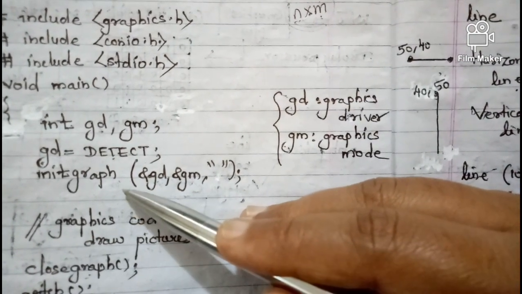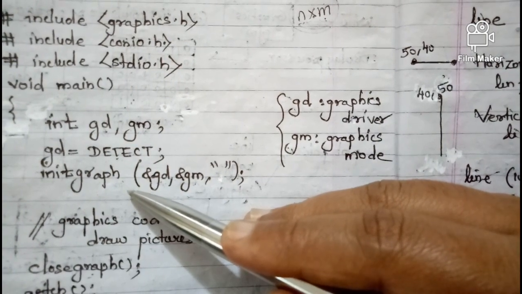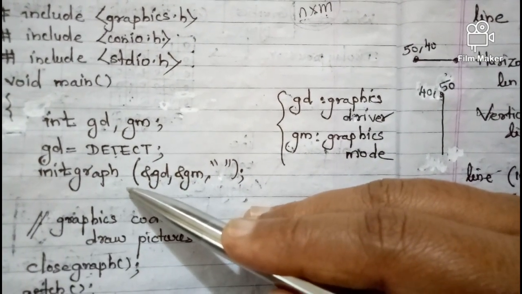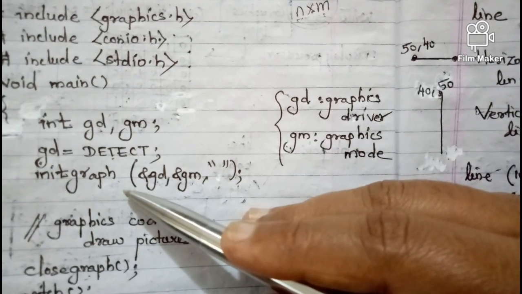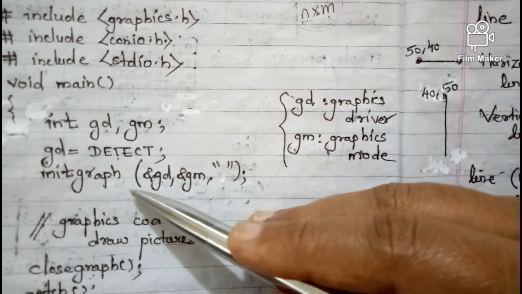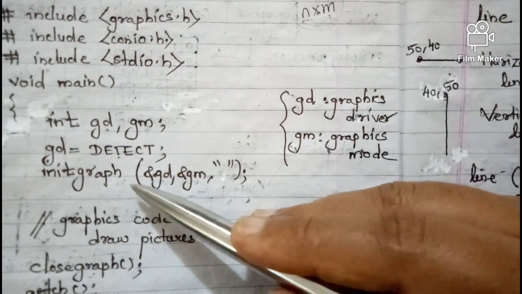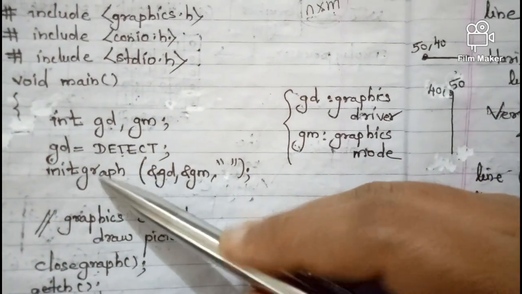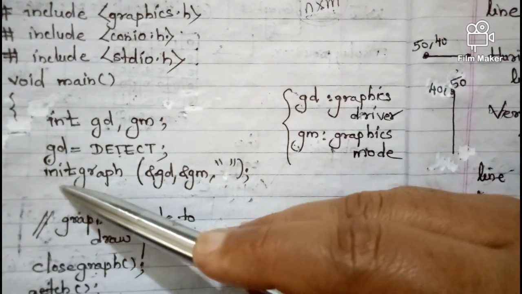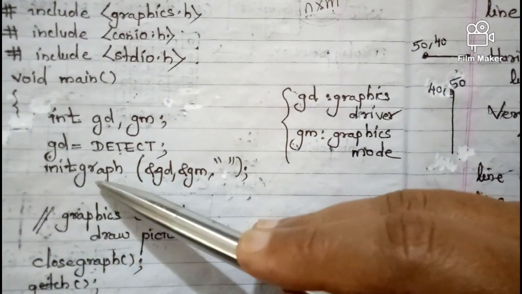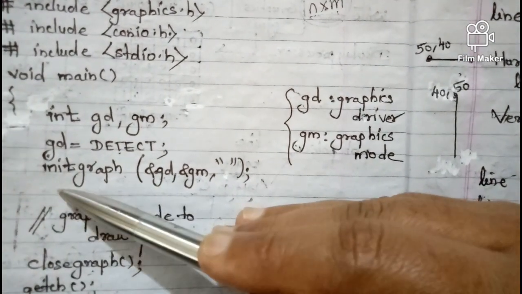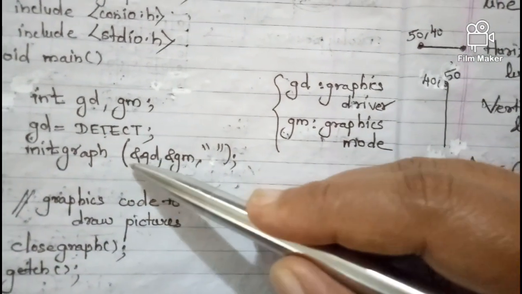So, along with the text, to do graphics operations, we need to display pictures also. So, to display text along with the pictures, it is necessary to convert the screen from text mode to graphics mode. Only for that purpose, we use this function. The initgraph function is used to initialize the system from text mode to graphics mode.